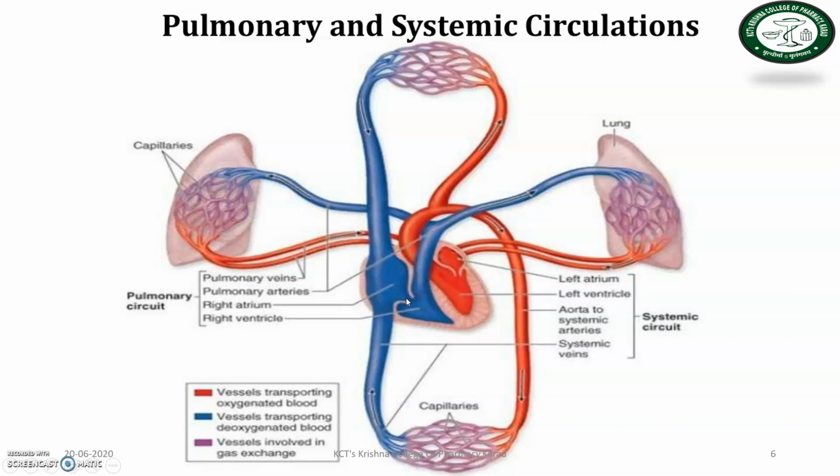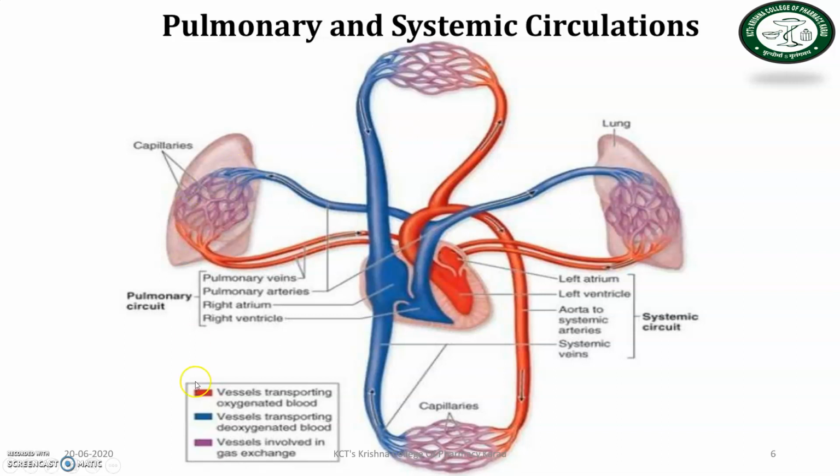What is the definition of systemic circulation? The blood carried from the left side of the heart to the different body parts is known as systemic circulation. So very simple topic.